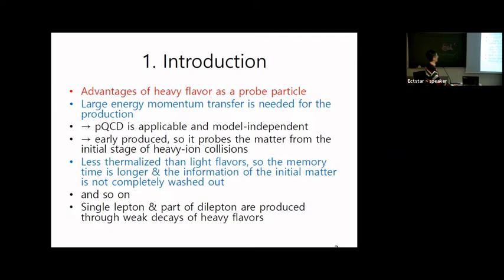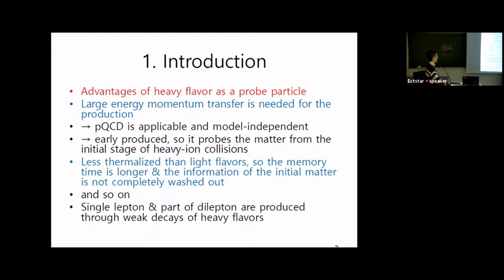Also, heavy flavor is produced early, so it probes nuclear matter from the initial stage of heavy ion collisions. And heavy flavor is less thermalized than light flavors, so the memory time is longer. In other words, the information of the early matter is not completely washed out.